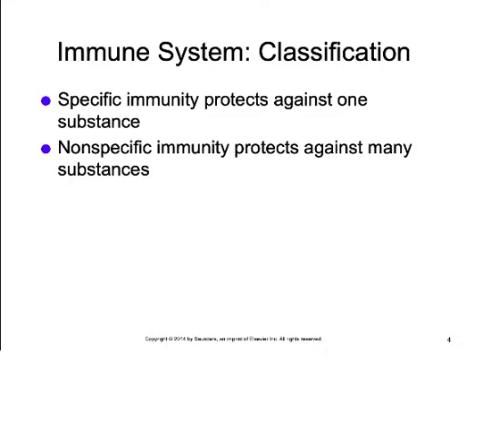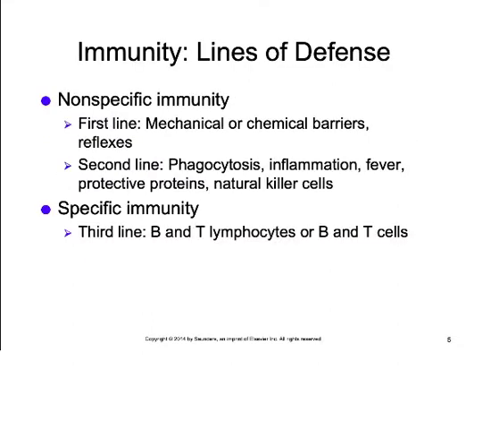Now, some pathogens are not living, and those include viruses and toxins. But the point is, they're around us, they're in us, they're on us all the time. And if we didn't have a way to defend ourselves against disease, we would constantly be sick.